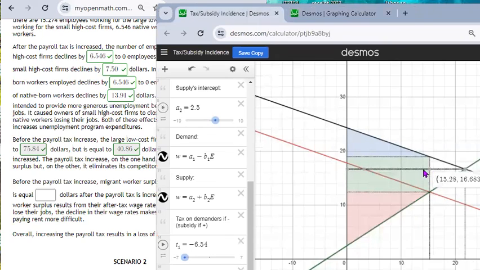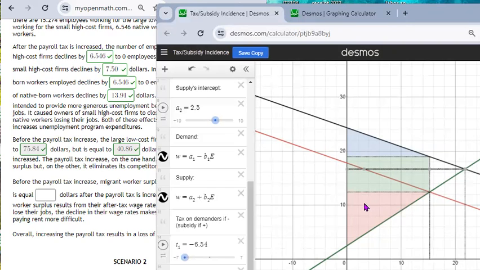Before the tax, this quadrilateral right here was the worker surplus of the migrant workers, right? It includes this green rectangle and this red area, right? Okay. So what does that equal to?